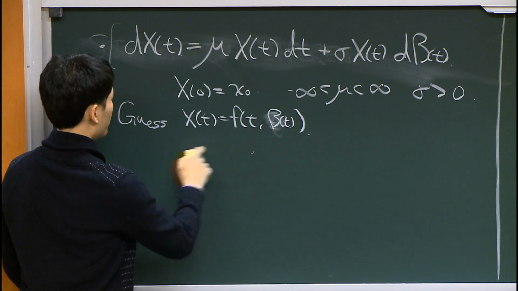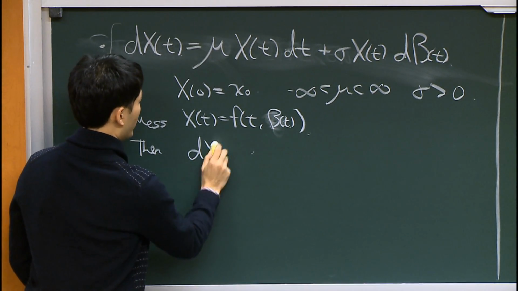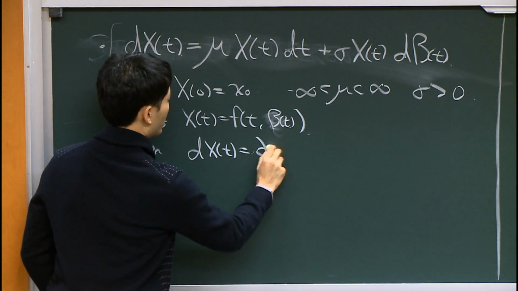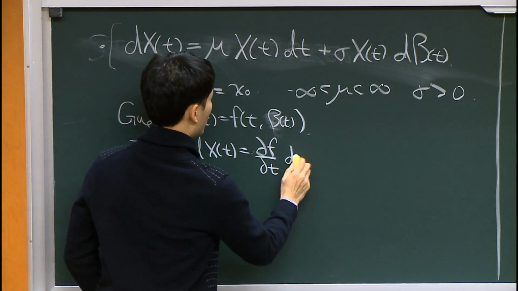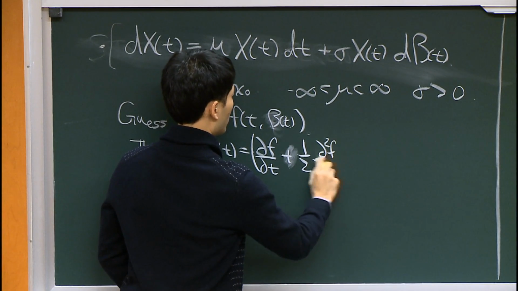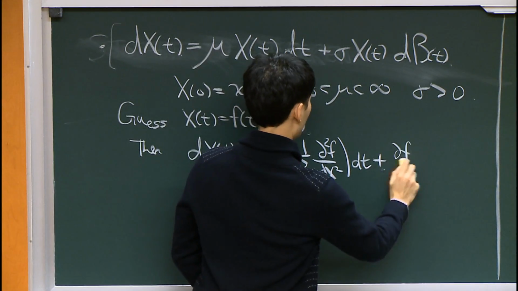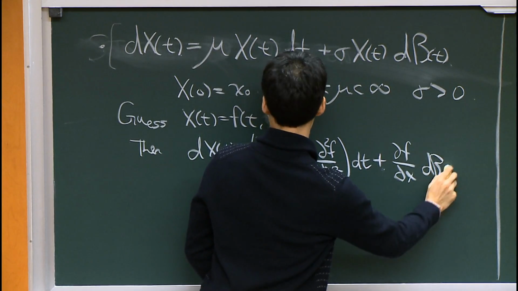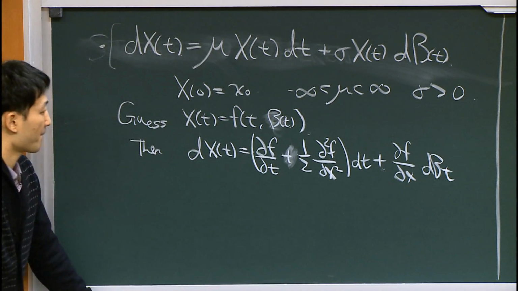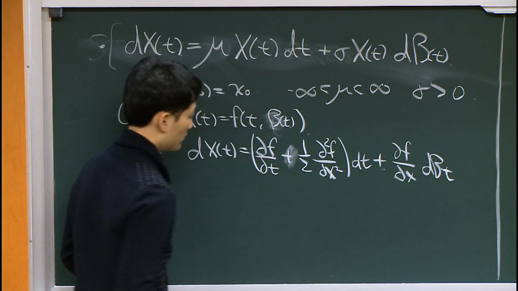If you want this to happen, then d of x_t is given by Ito's formula, where x is just the second variable.